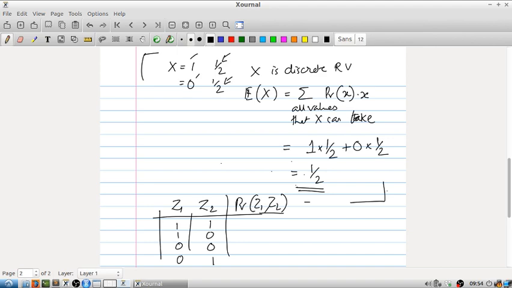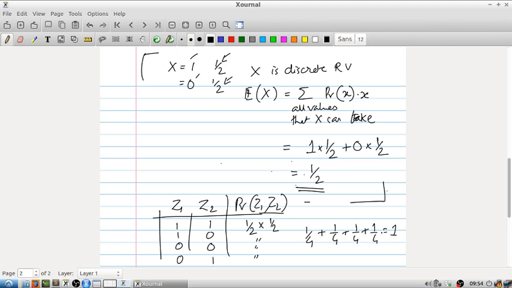You flip the coin, and Z1 doesn't affect Z2, so they're what I call independent. So the probability of Z1 and Z2 would be just the product of their probabilities, which is 1/2 times 1/2, and that's true for every case. So it's 1/4 plus 1/4 plus 1/4 plus 1/4 is equal to 1.